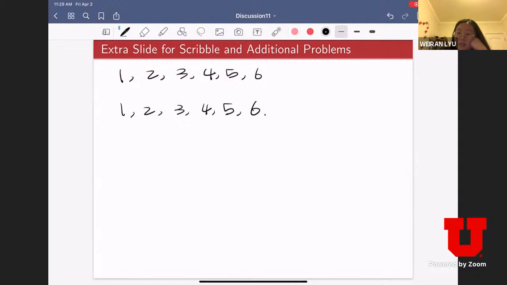Let's see if we can use this table right here.